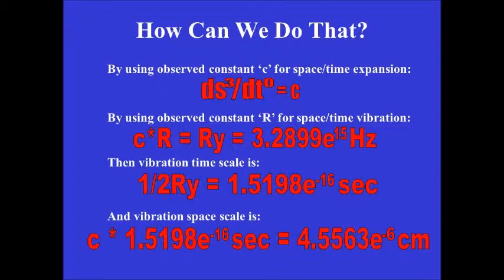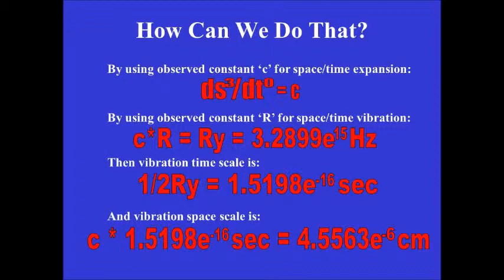If we projected a circle on the diameter, you guys probably can't see it here, but anyway, you've got to go twice, up and then down, for one cycle. So the length of this is 2 times the Rydberg frequency, divided into 1, or its reciprocal, which is 1.5198 times 10 to the minus 16 seconds.